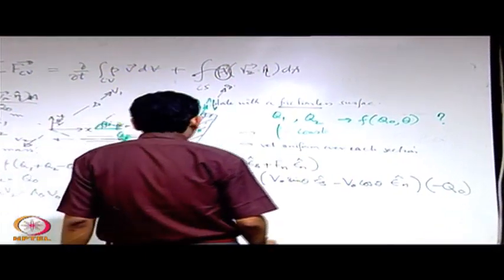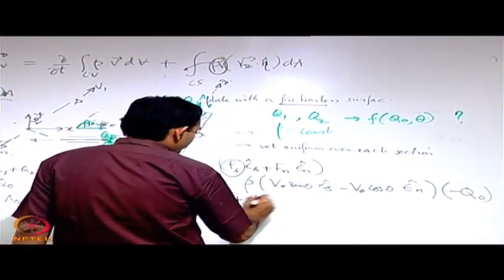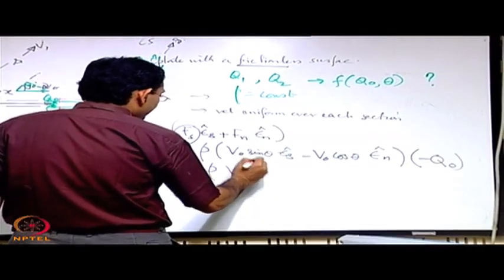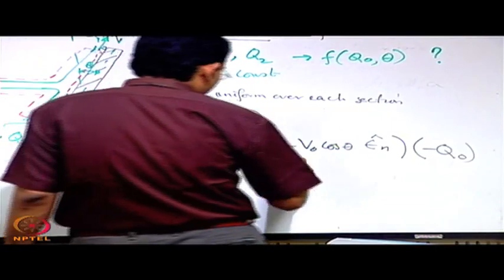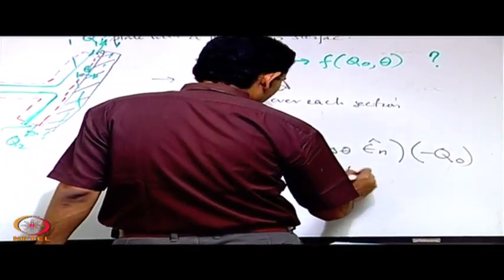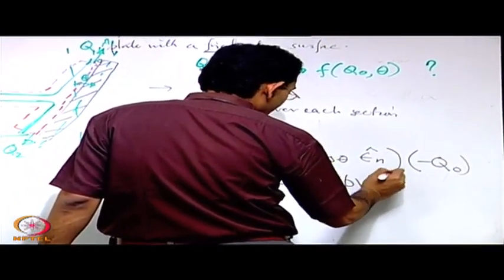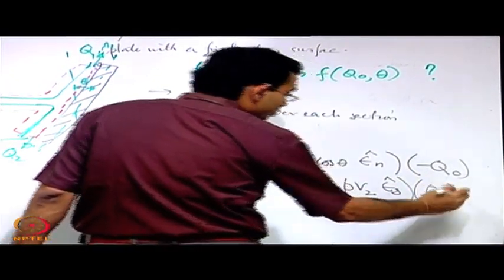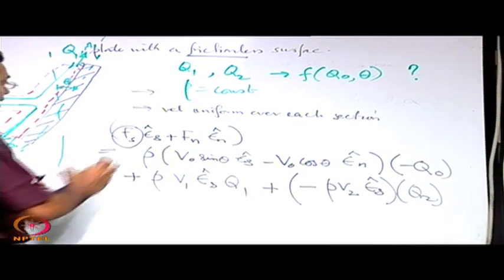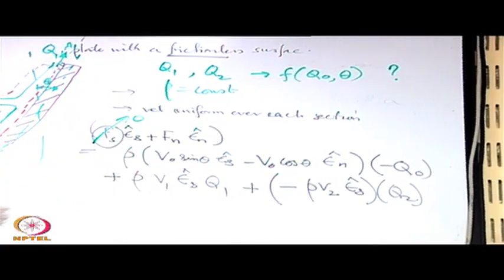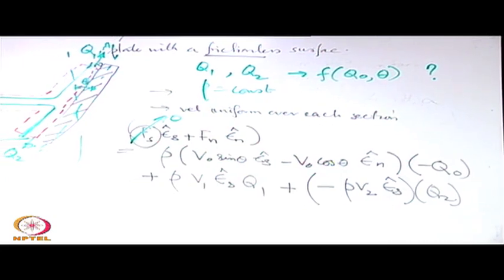Then for the surface 1, plus rho V1 epsilon s into plus q1, and for the next one, minus rho V2 epsilon s multiplied with plus q2. Okay. Now if you extract the tangential component, and keep in mind that because of the frictionless case this is equal to 0, you are left with that.